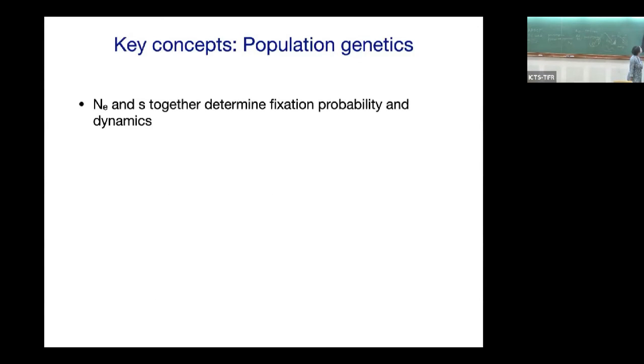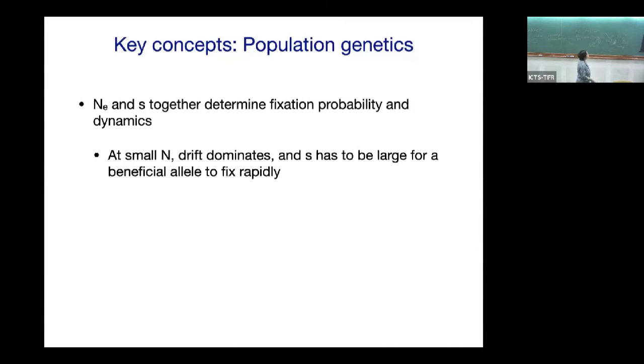Okay, so I think what you've effectively seen in some of these exercises that you just did is that the population size and the selection coefficient together determine fixation probability and dynamics, right? So only population size being larger or only selection coefficient being very high or fitness being very high is not sufficient to be able to say what is the probability of fixation of the allele.